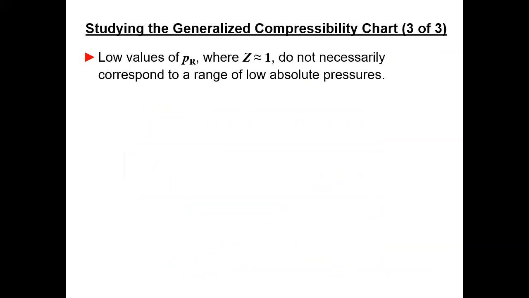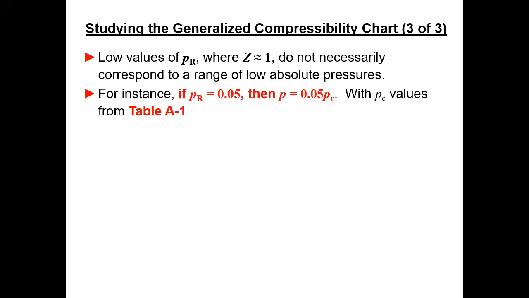More on compressibility. Low values of PR where Z is approximately 1 do not necessarily correspond to a range of low absolute pressures. For instance, if PR equals 0.05, then 0.05 times PC is what P would be.